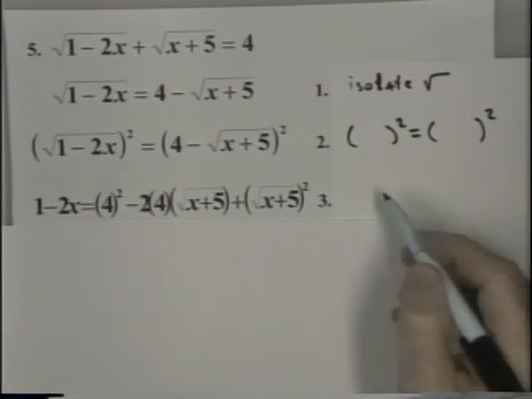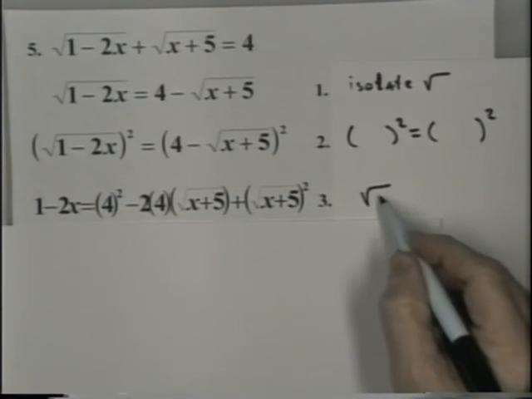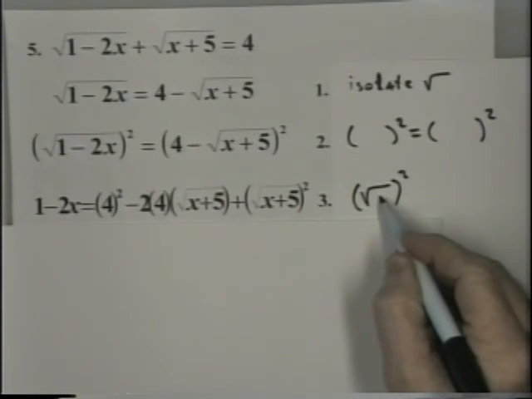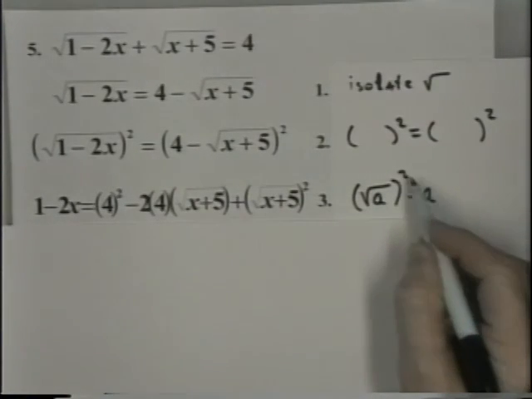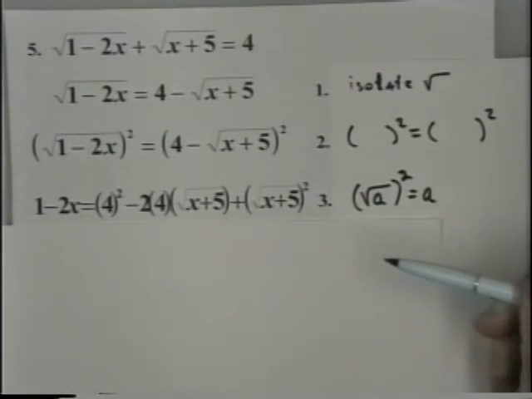And now we've got to use our properties of radicals here, the fact that the square of the square root of a is just a, to simplify this.